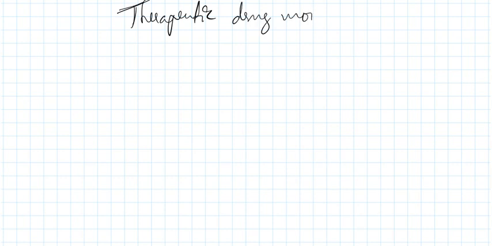Therapeutic drug monitoring. We will discuss something about therapeutic drug monitoring. What is meant by therapeutic drug monitoring? The main principle is that the plasma concentration of a drug should have a good correlation with the effects and side effects.